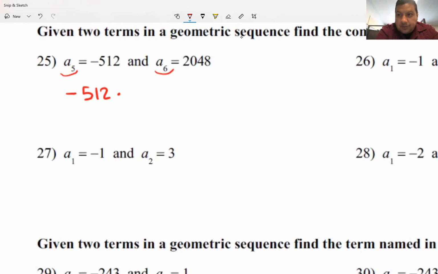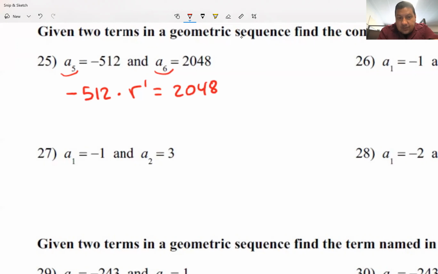I know I have to multiply this by the ratio. I don't know what the ratio is, so for right now, let me just call it R. That's basically what I'm solving for. And I have to multiply by R one time, and this is going to equal 2048.